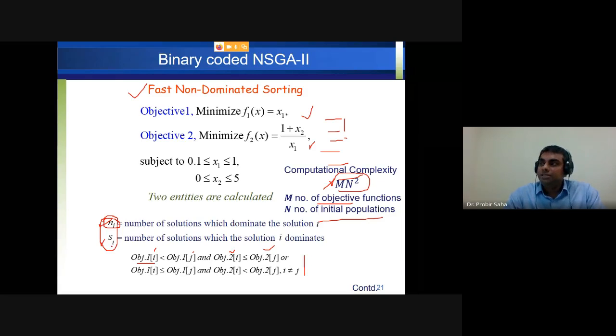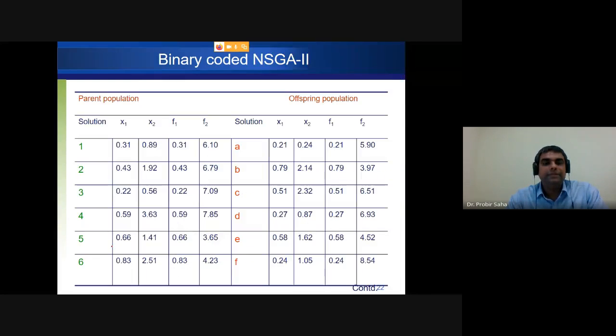Say out of 8 solutions, the third solution has Ni value 0. There is no solution which dominates the third solution. Or say solution number 5: there is no solution which dominates solution number 5. That means these are the solutions out of 8 that are the best, and they deserve the first position. They should be in rank 1. And then again, you do it for the next one, rank 2 and rank 3. So that is how these things are done.